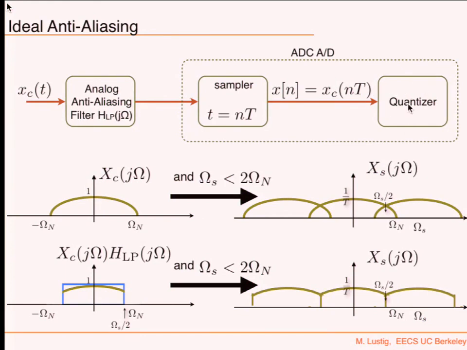And then followed by a quantizer. And why do we need a quantizer at all? Can't we just keep it continuous? No, right? We've got to represent something on a computer, so we've got to quantize it somehow, using integers or floats or something, but it's going to be quantized.